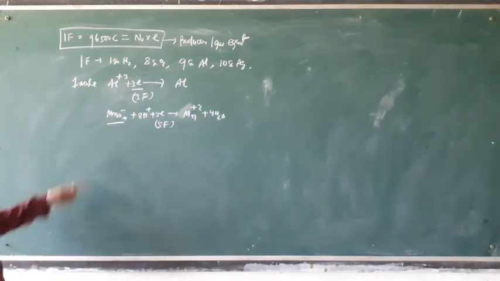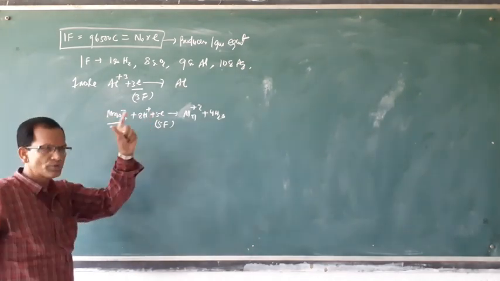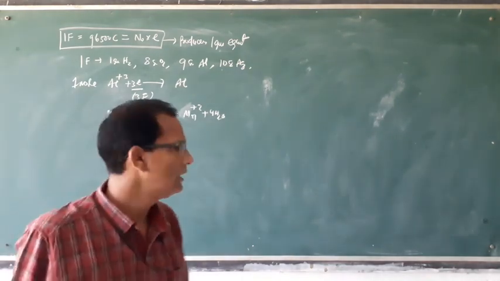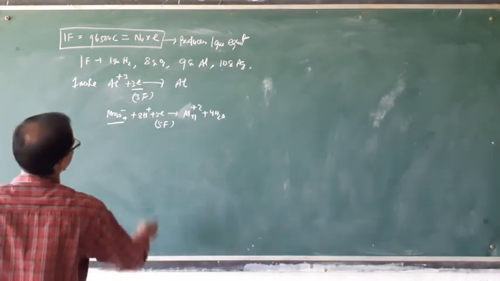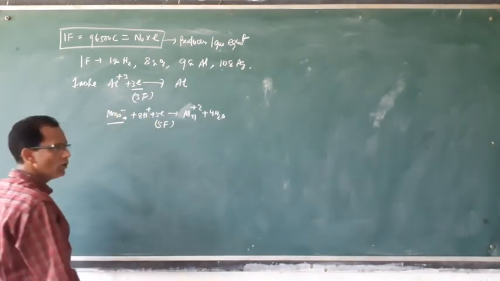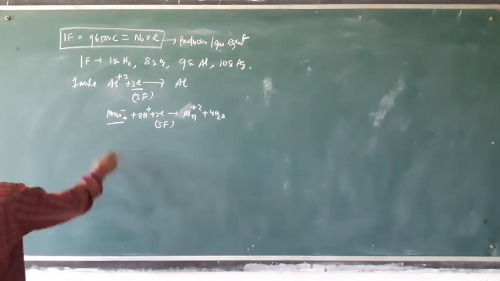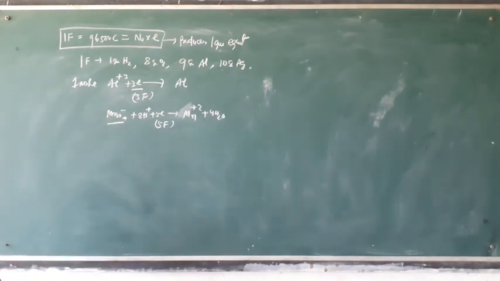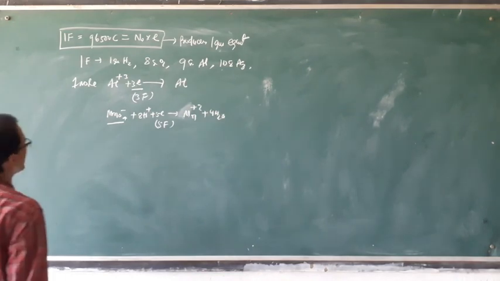It depends upon how many moles of electrons are utilized for the oxidation or reduction. In both cases it depends upon the number of moles of electrons produced or used. This is regarding Faraday's first law and second law.